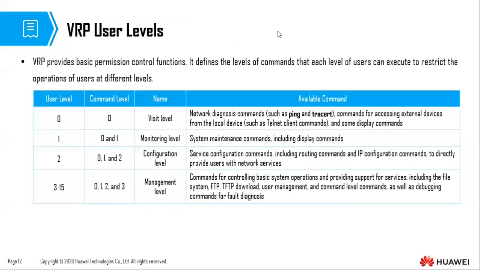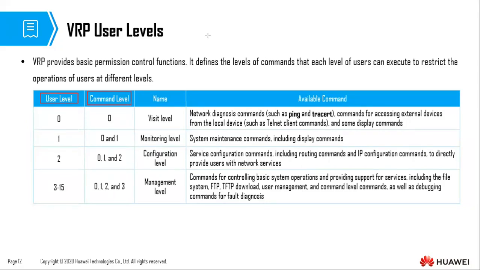Now, in order to manage the security of your device and limit users' access permission to your device, Huawei provides what we call user levels and command levels. And normally they are mapped.